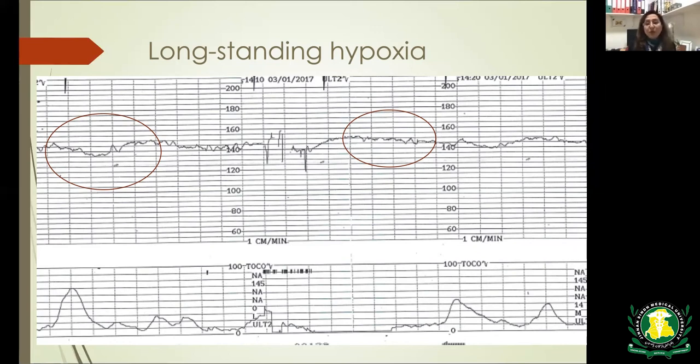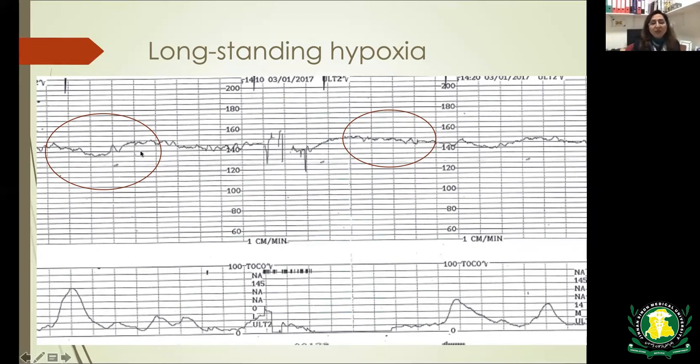And then later on, the GI tract will go slow. Further on, they stop having adequate blood flow towards the kidney. Therefore, babies will have less urine. That means oligohydramnios. The last things to be affected are the brain and the heart. So the heart is having a small shallow deceleration because the heart is very weak at the moment.